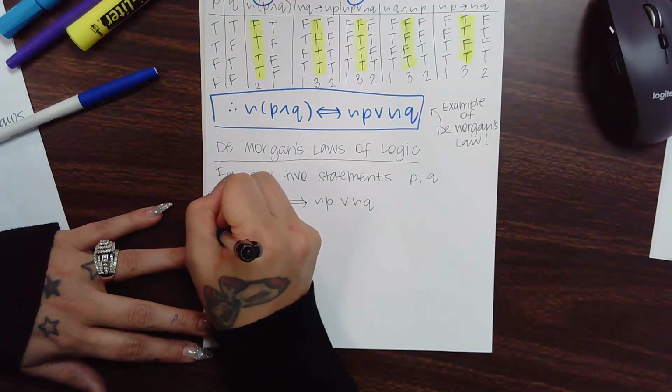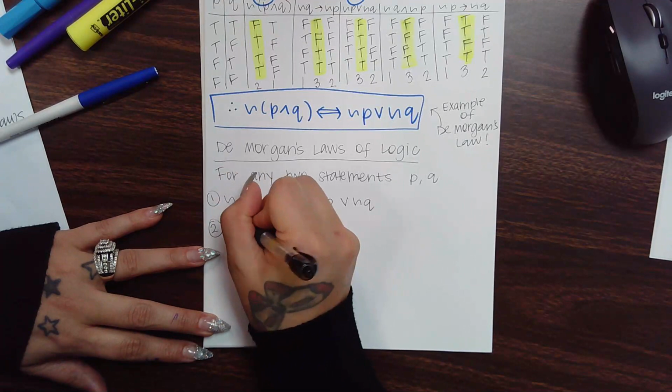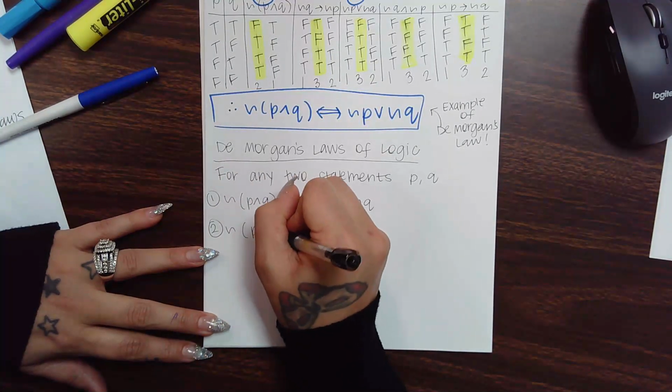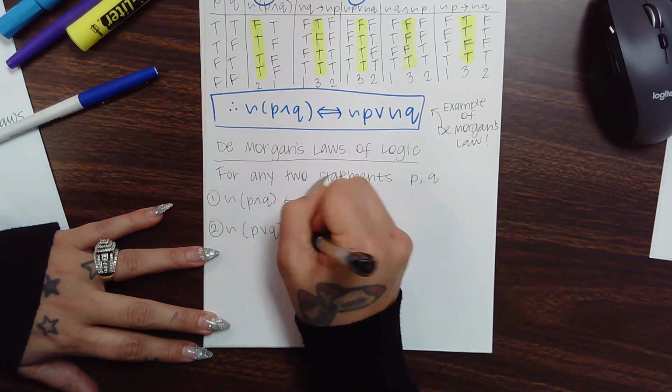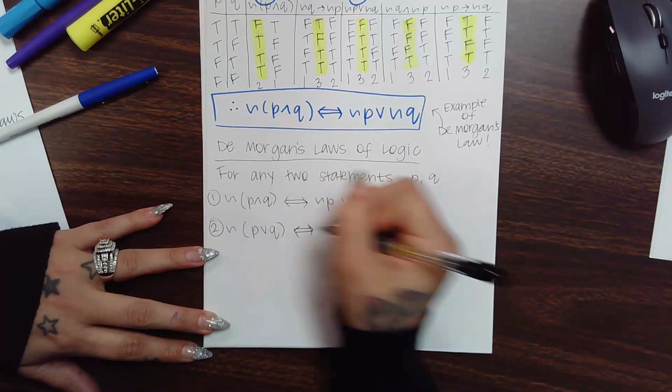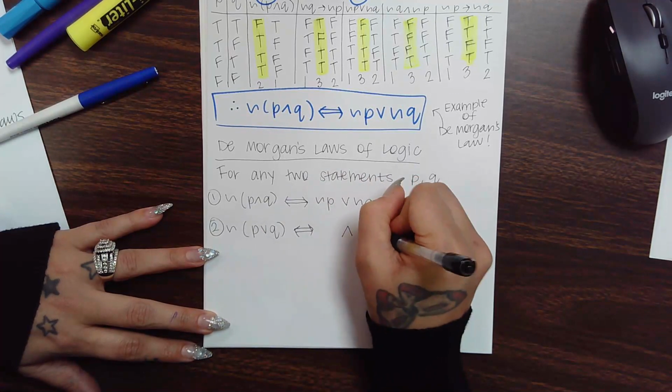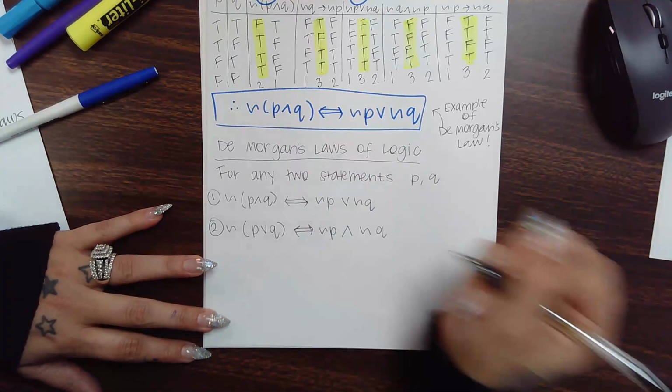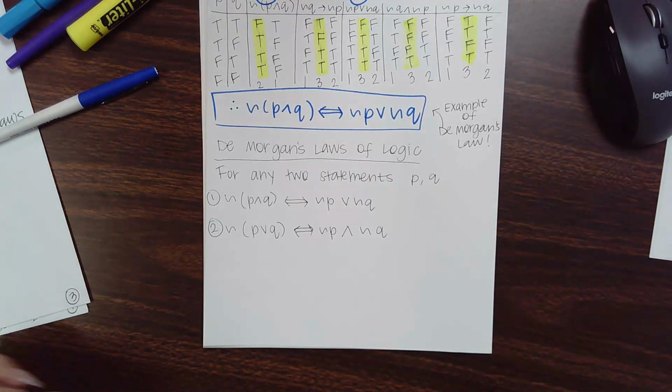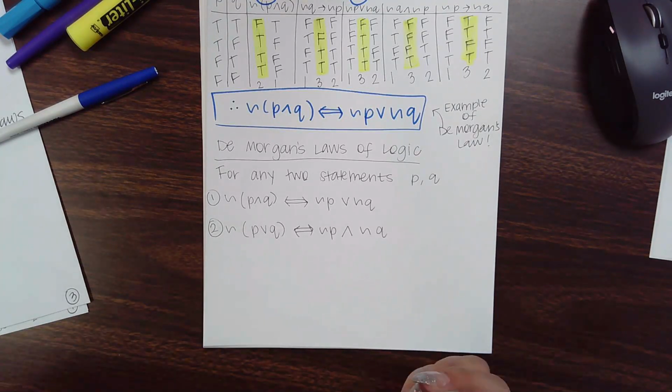And then similarly, if you have the negation of a disjunction of two simple statements, it is logically equivalent to the conjunction of their negations. Definitely not technical, but it's almost like that tilde, that negation, was distributed to the inside, and then that operation was flipped.